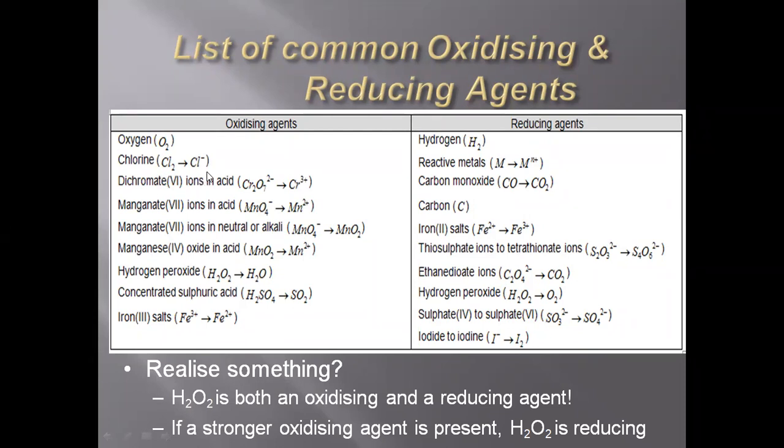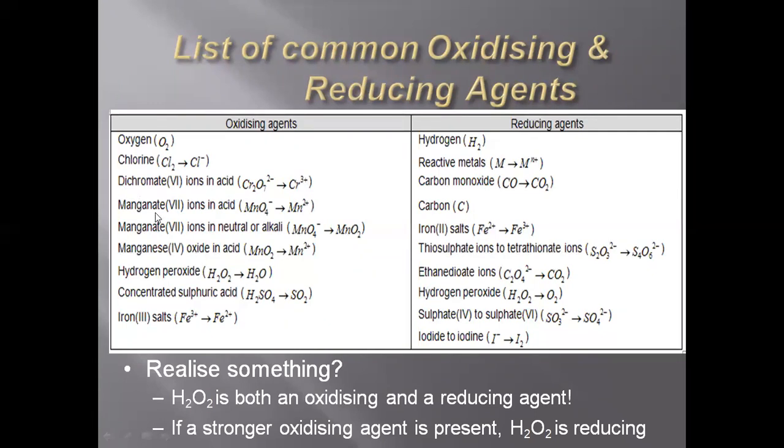As we know, when an element loses electrons, it becomes oxidized, and gaining of electrons is the reduction process.